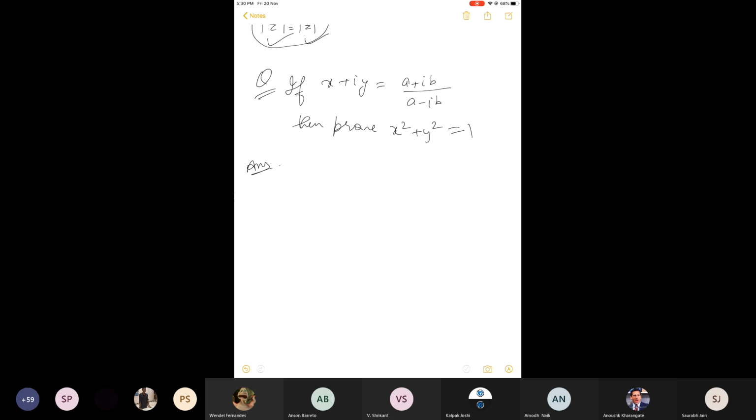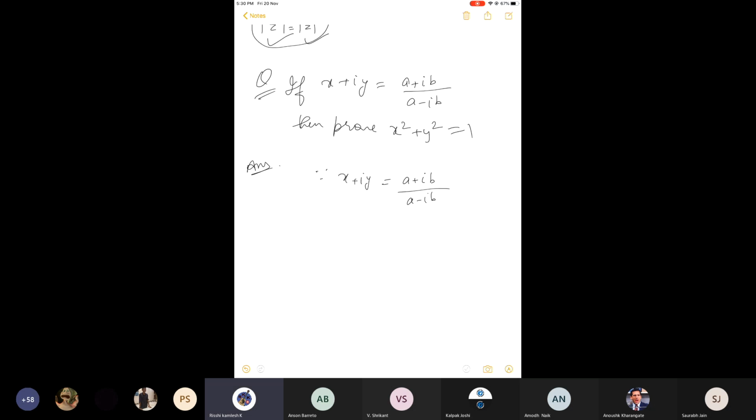So you can take x plus iy as z1. Yeah, that is okay. Then what about next? What to do after that? And a plus ib will be z2, and let's say the denominator, a minus ib, is z3. What do you want to do after that? So the denominator will be the conjugate of z2. Okay, fine.